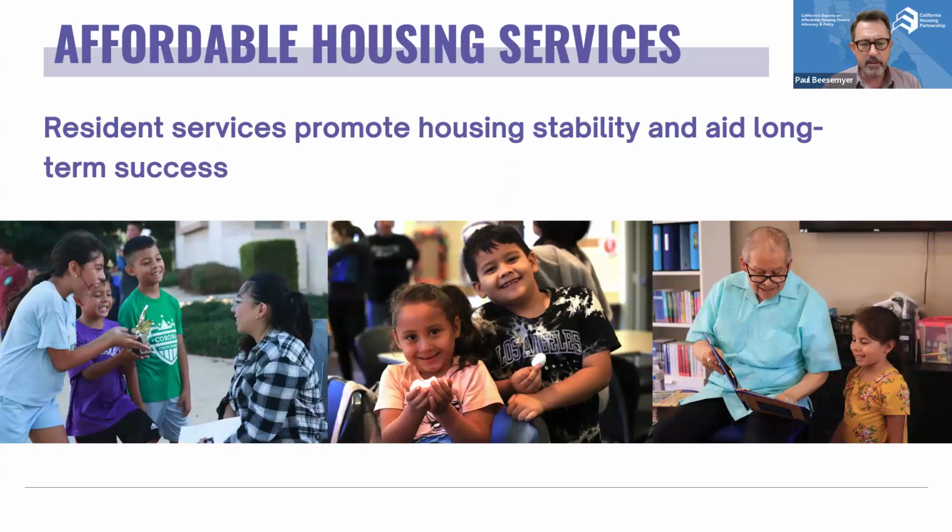And lastly, in this broad theme of affordable housing examples, I want to poke a little bit more at the idea that affordable housing is more than just the building, that services are an incredibly important distinguishing factor for affordable housing. And what are they? Well, it depends what we're talking about.